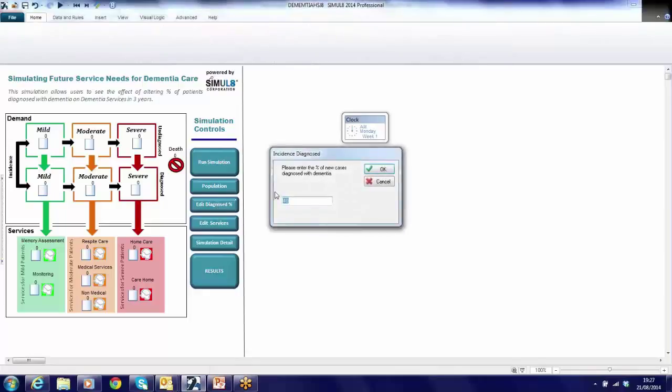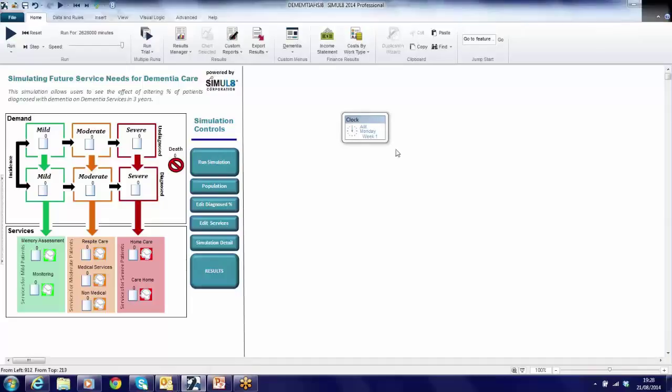So one of the scenarios that people wanted to look at is, based on the research, if the progression is different from state to state depending on whether you're diagnosed or undiagnosed, and if you're undiagnosed you're more likely to progress more quickly, then what happens if we diagnose more people at the mild stage, in those new cases, who will then be accessing those initial services, which at the moment they're not accessing, and what's the difference in cost as against their likelihood of progressing not quite so fast?